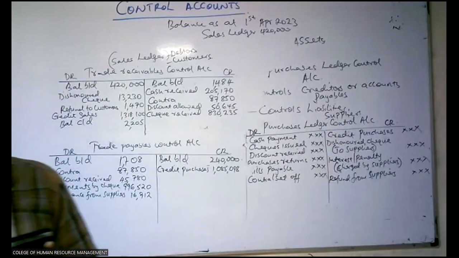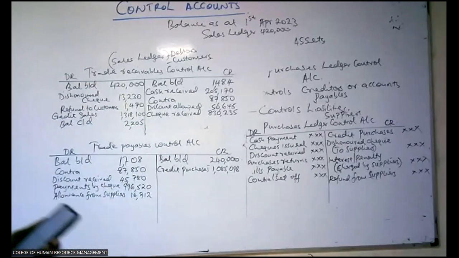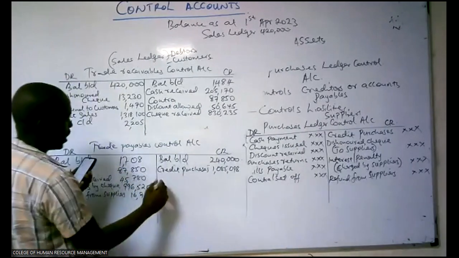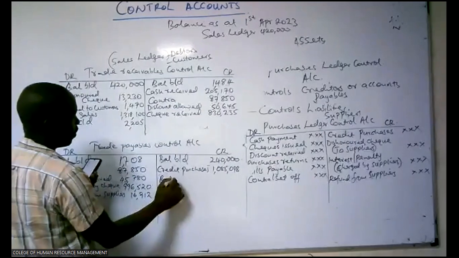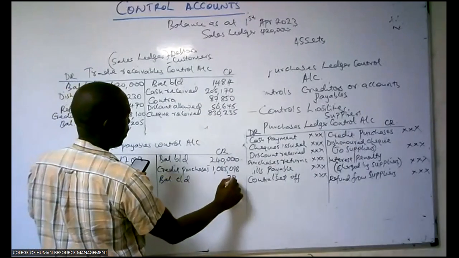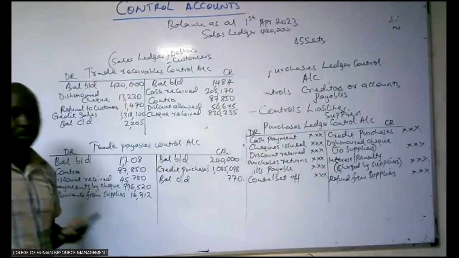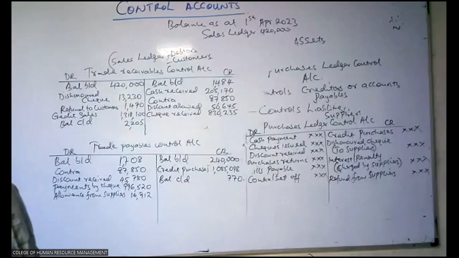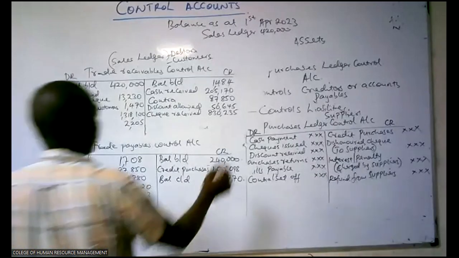For the trade payables, you were told debit, so you will put it on the credit side as balance carried down, 770. Then from there, you confirm whether it is balanced or not.